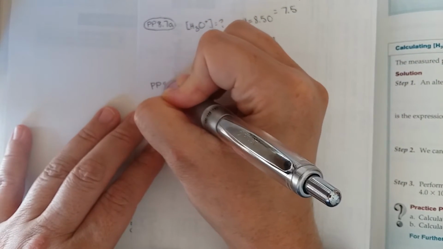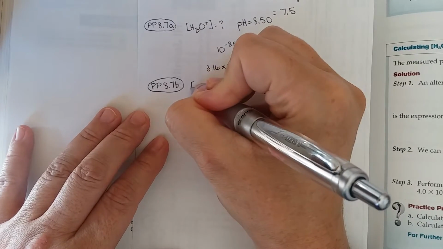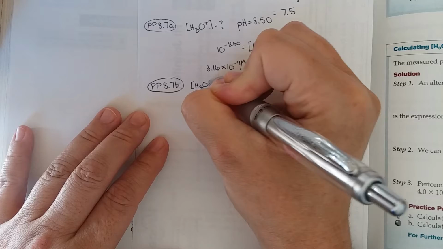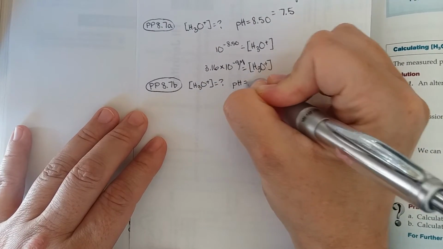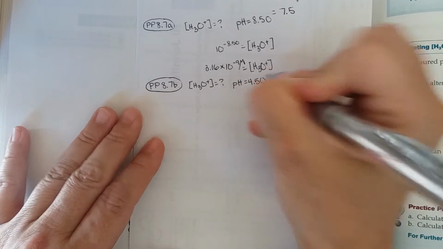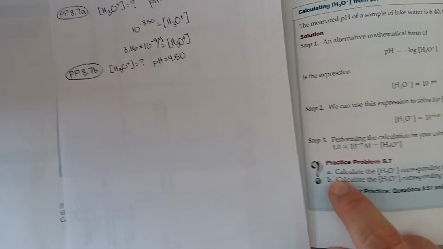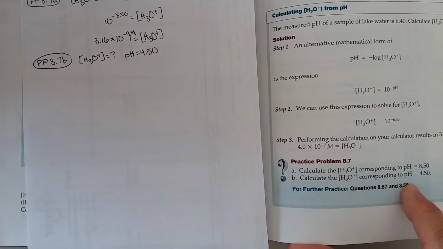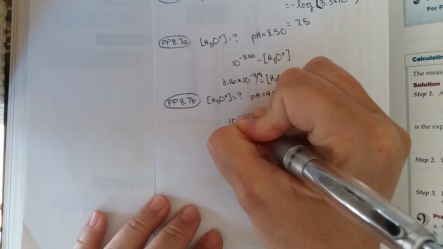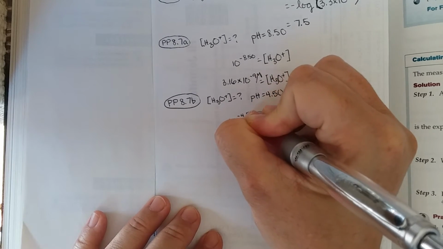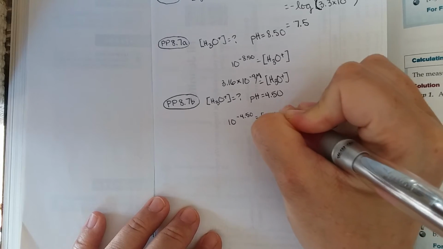Practice problem 8.7b. They want us to find the hydronium ion concentration, but this time they give us a pH that equals 4.50. And I'm getting that from right here. All right, same deal. 10 raised to the negative 4.50 equals the hydronium ion concentration.